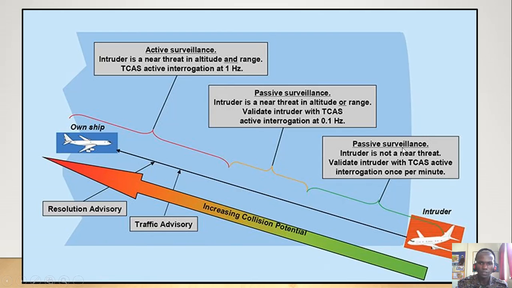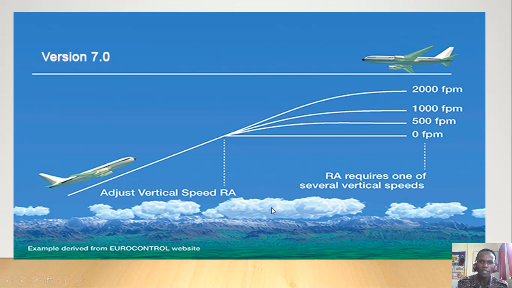Passive surveillance. Intruder is not a threat. It's not a near threat. Validate intruder with TCAS active. So as you get farther away from the aircraft, nearby we release an RA. So that's version 7.0. RA requires one of several vertical speeds.